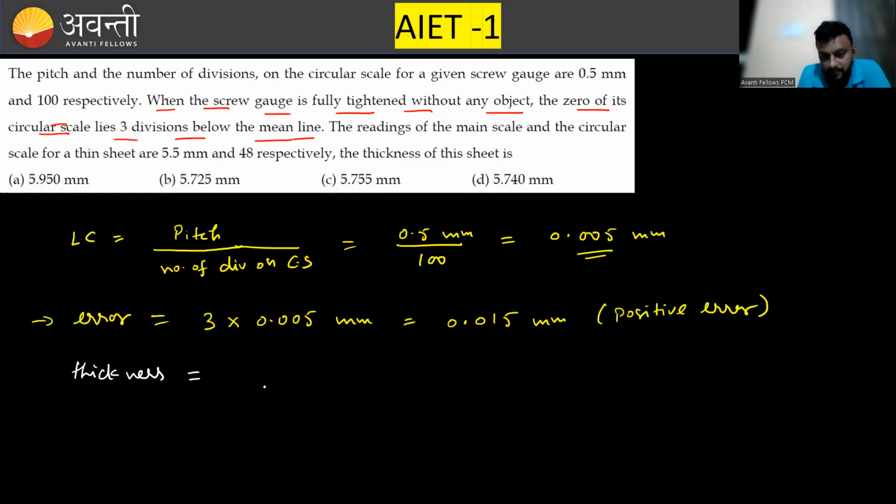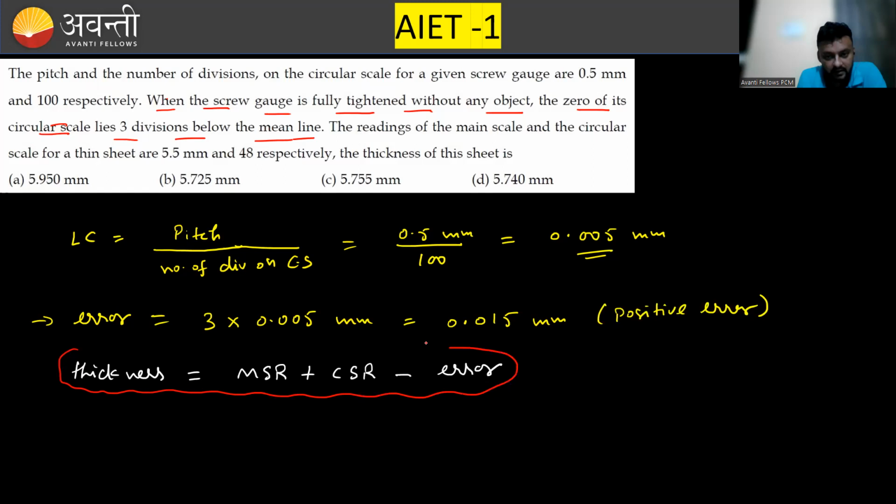First, write the main scale reading, then add the circular scale reading, then subtract the positive error. If the error was negative, then we would add that error. Now it is a positive error, so we will subtract the error. This is the general form that you should remember. So I will put this formula in the box. This is not for thickness, this is the actual reading.